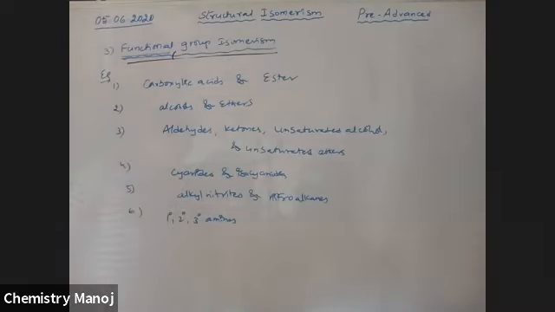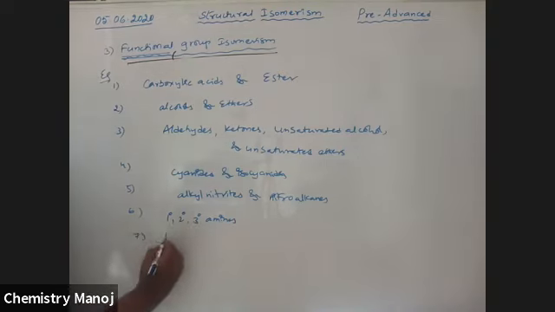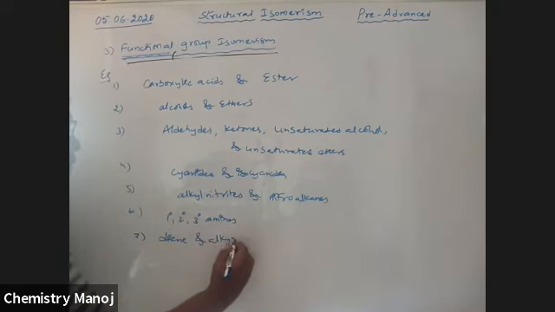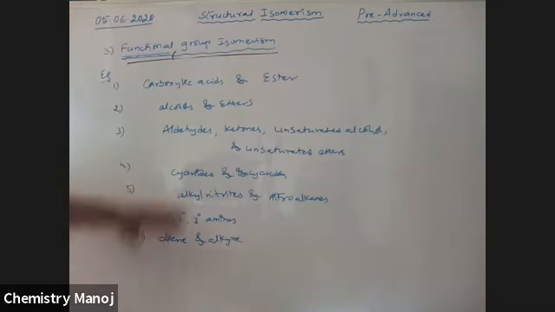Next, a diene and an alkyne are functional isomers. All these are examples of functional isomerism.